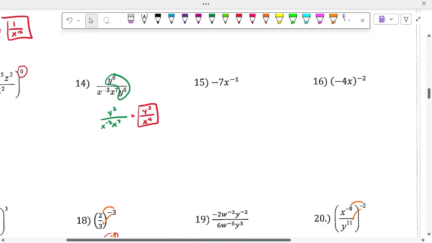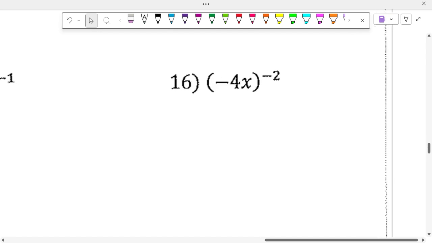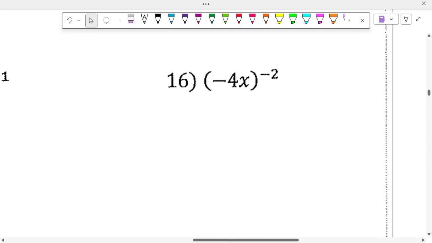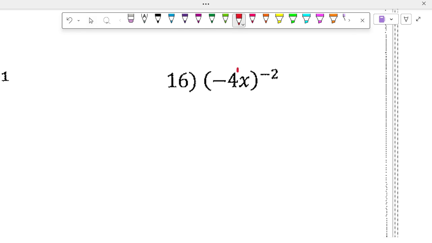Sure. This will be the last one I do, okay? So same thing, power rule. Both have powers of 1. And since the negative is in the parentheses, I'm assuming it's like a negative 4. So I'm going to multiply the negative 2 to both.